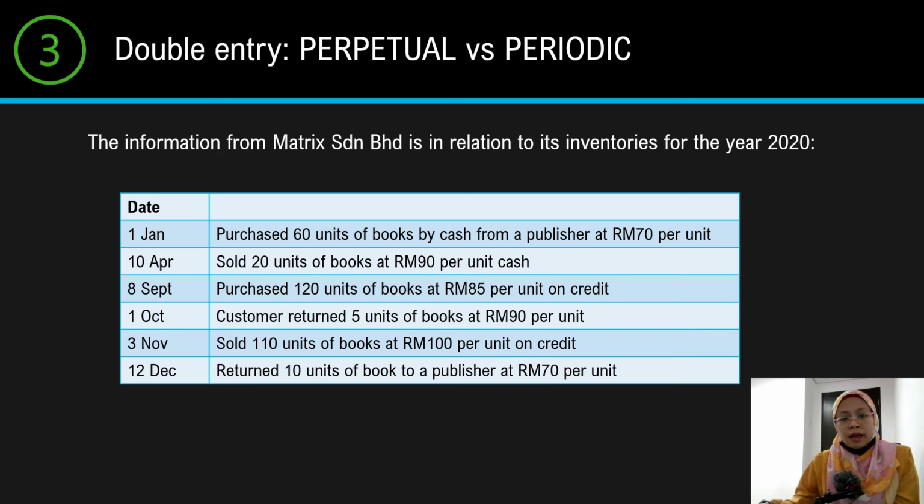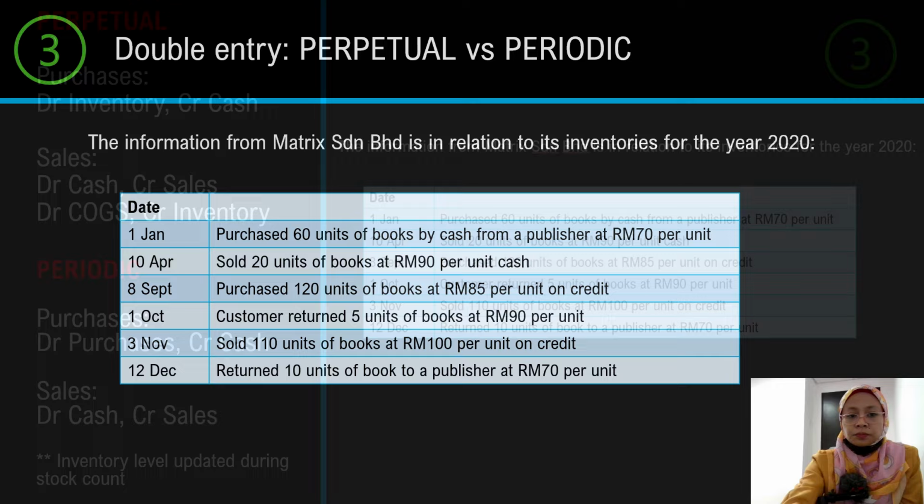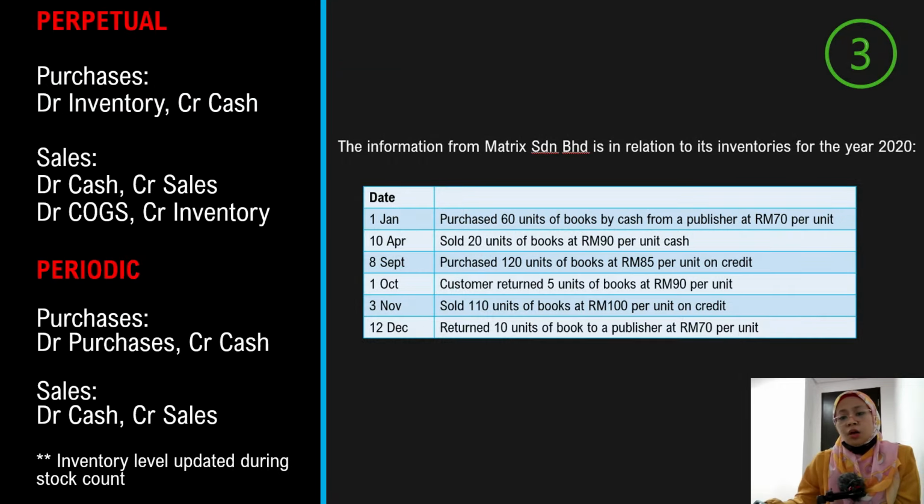Let's say we have these transactions where Matrix Sundram Berhad purchased and sold its books. How will this affect? In perpetual, when we purchase, we will directly debit inventory and credit cash.